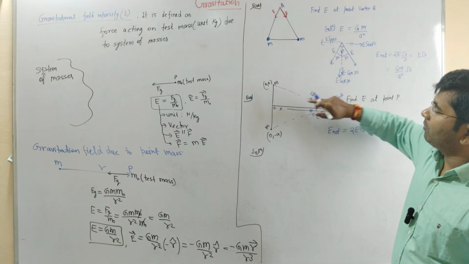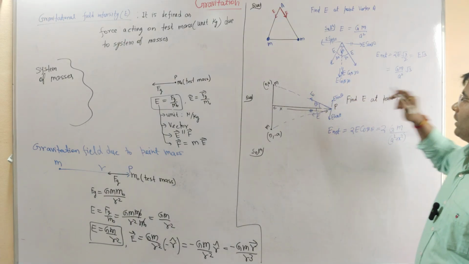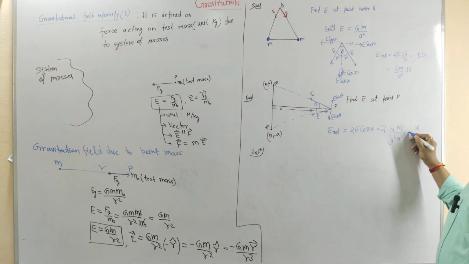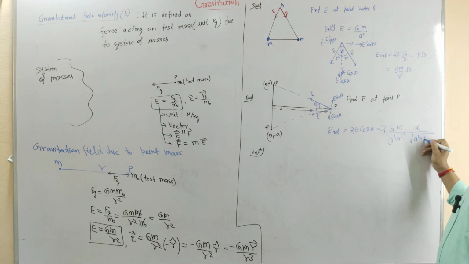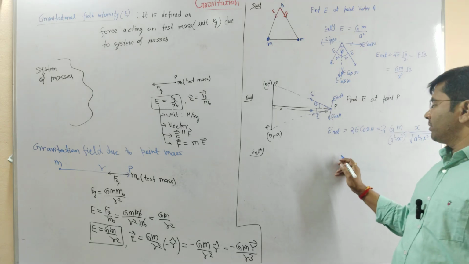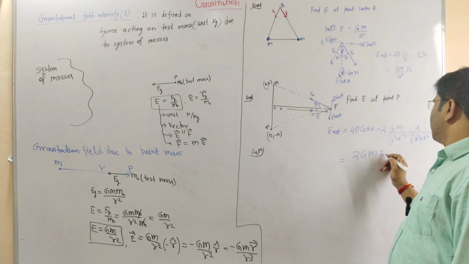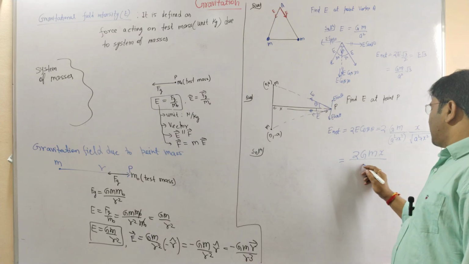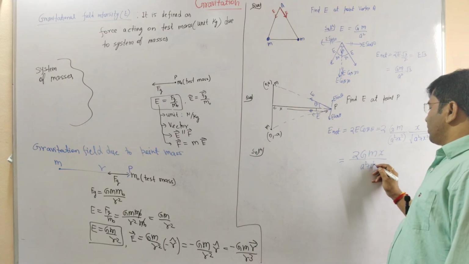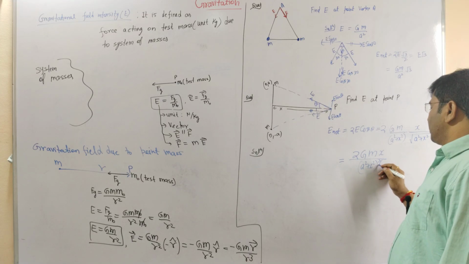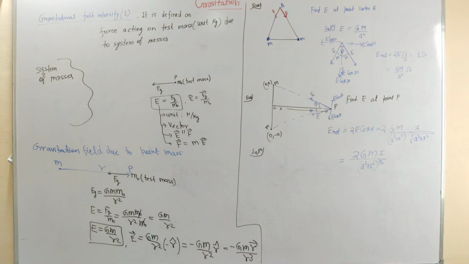Cos theta we can write as base upon hypotenuse. Base is x, hypotenuse is under root a square plus x square. So the final answer I am getting here is 2GMx upon a square plus x square to the power 3 by 2. So this is the value of E I am getting.